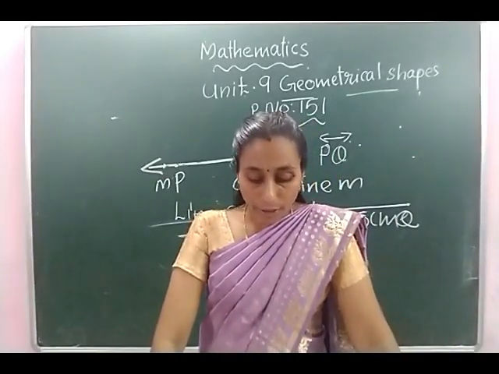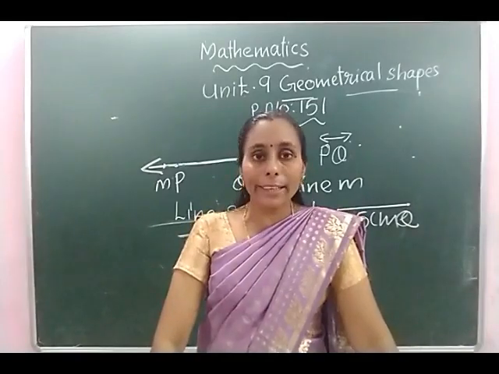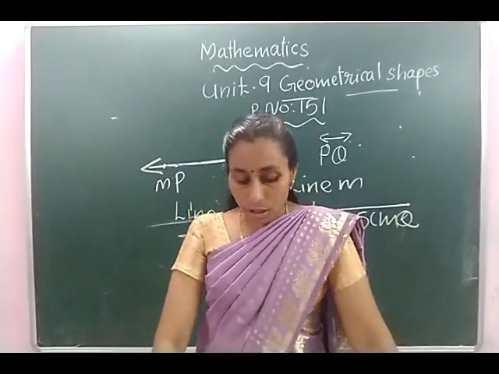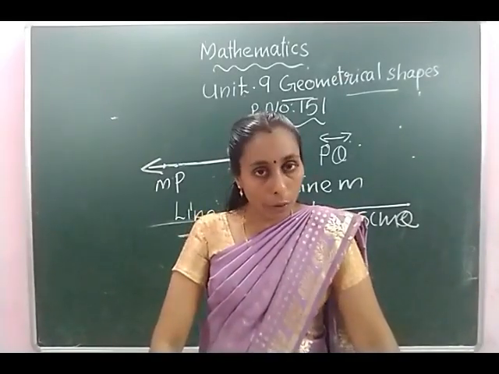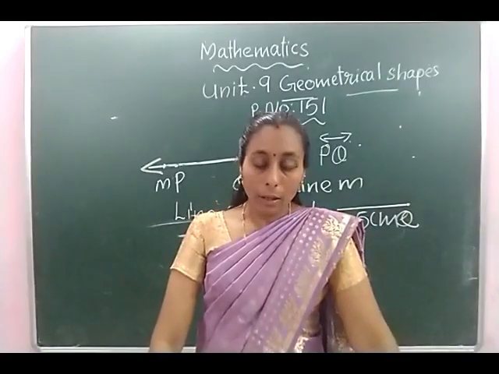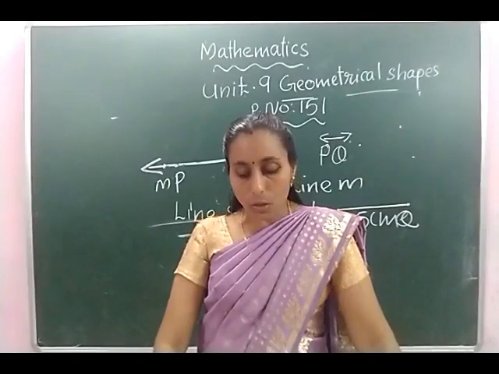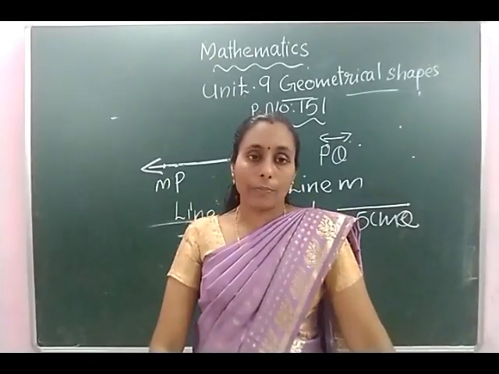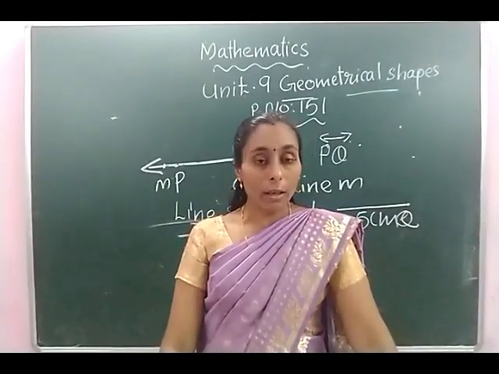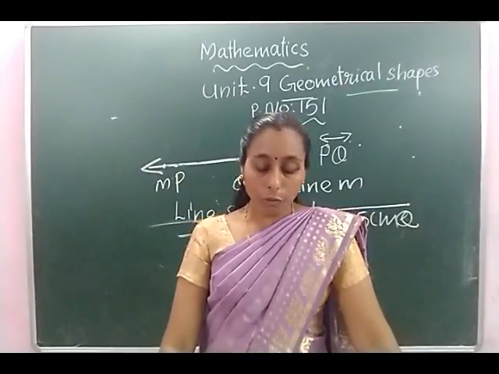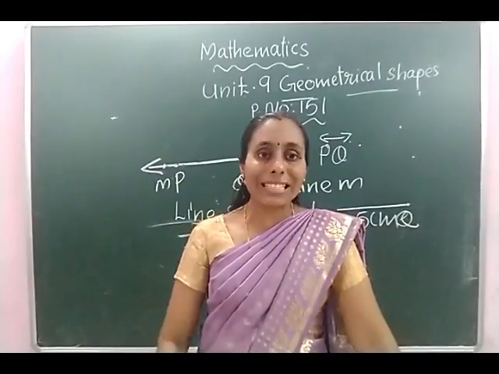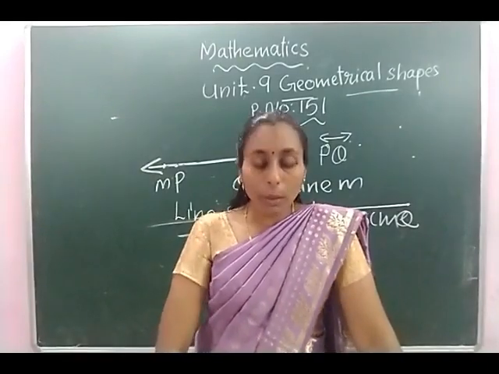Examples: face of a cube, cuboid, tabletop, paper. These are all examples of a plane. A plane is represented like a line with arrows on all sides. When we draw a plane, we show arrows in four directions, which shows that it extends.